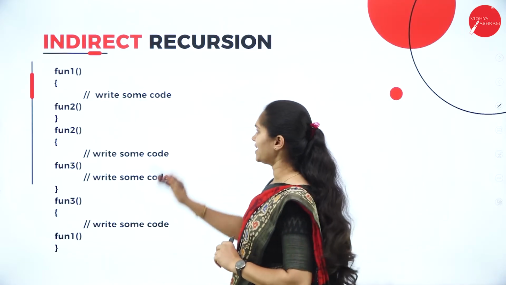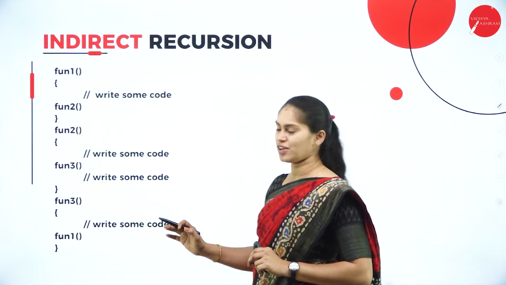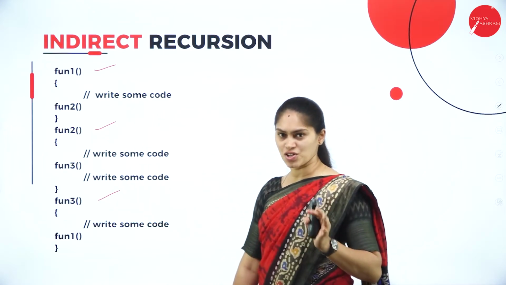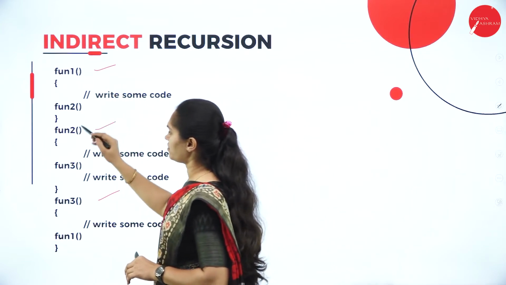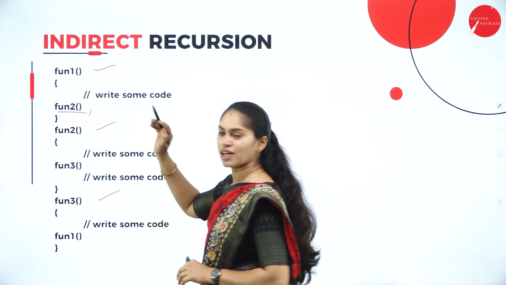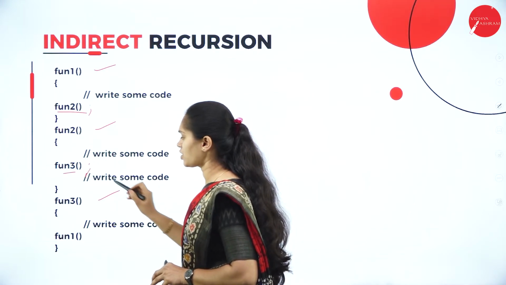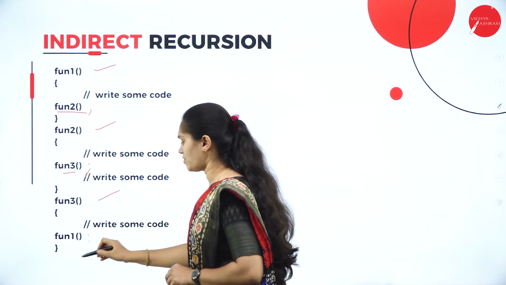So you can see here in this general structure of indirect recursion, we have three functions: function 1, function 2 and function 3. In function 1, function 2 is called. In function 2, function 3 is called, and in function 3, function 1 is called.